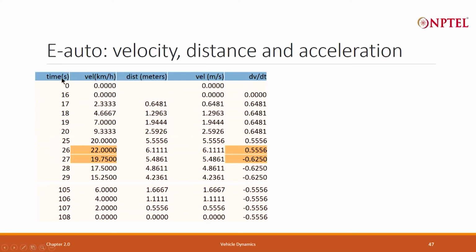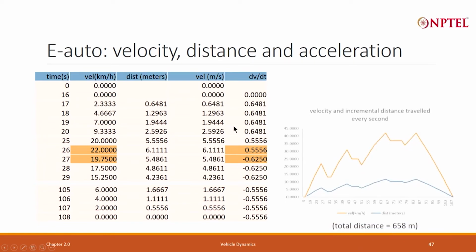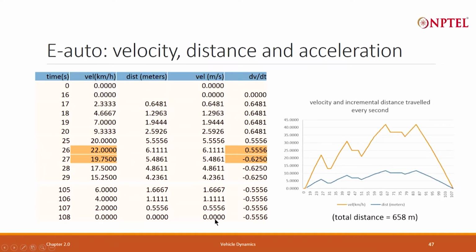From 16 seconds onwards, you see the velocity is going on increasing. I put the kilometer per hour, we convert it into meters per second. We actually compute the distance that it travels and the acceleration. We actually compute all of this, and if we plot this, this is the same plot that you saw, because it is the same drive cycle.